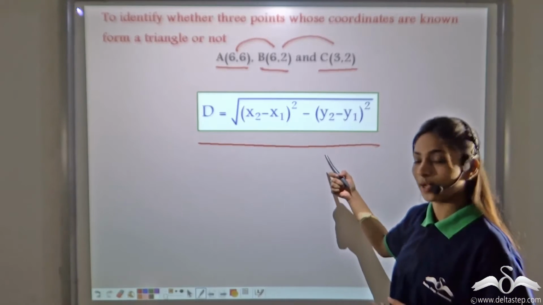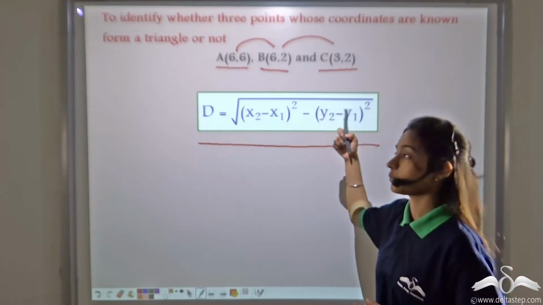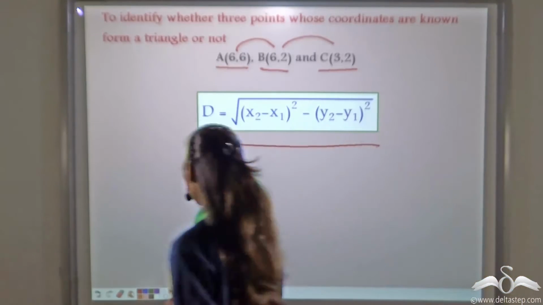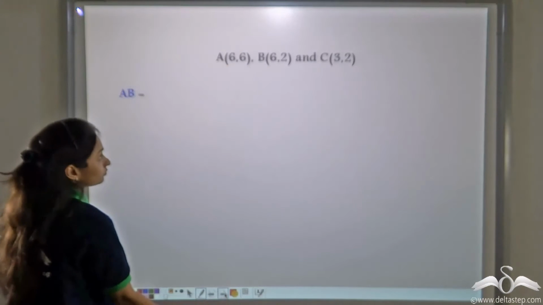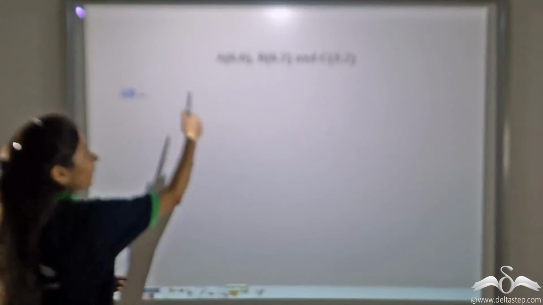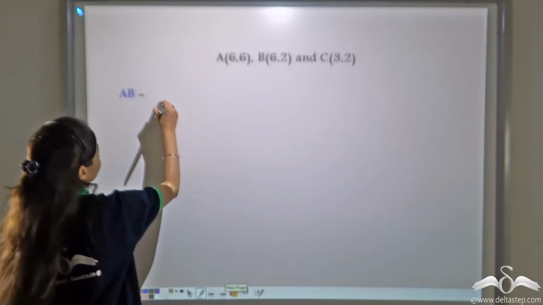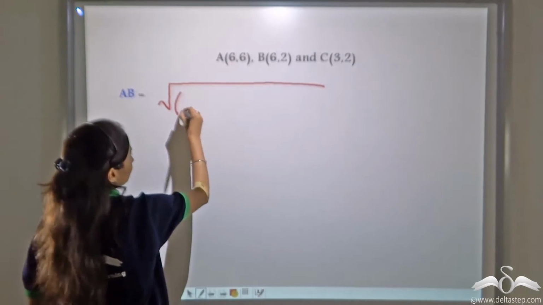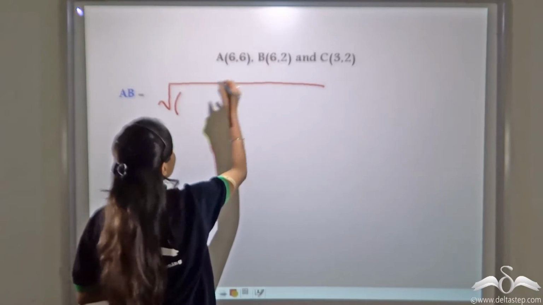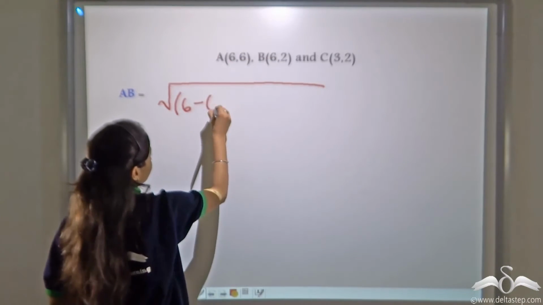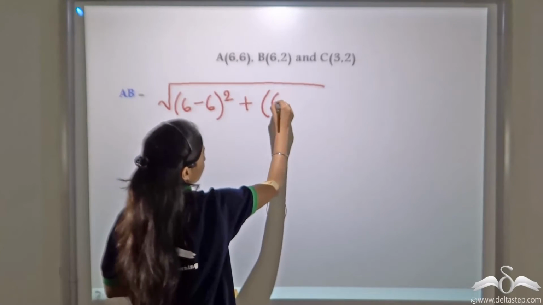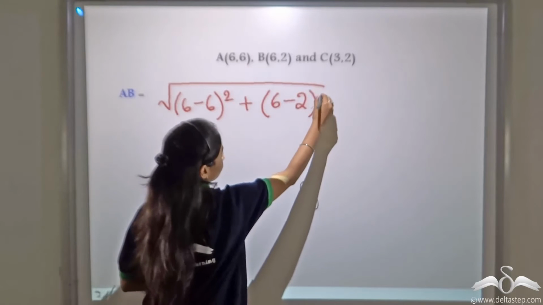Now using this formula, let's take out the distance between A, B and C. Here we have to find out the distance first between A and B. Let's start. Root over 6 minus 6 whole square plus 6 minus 2 whole square.